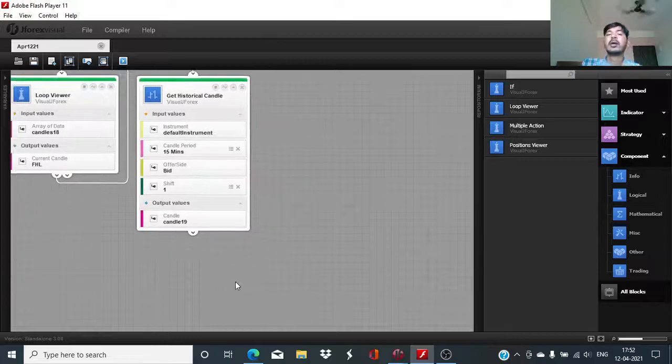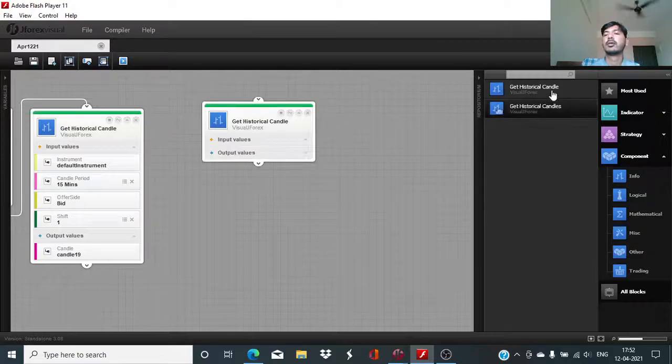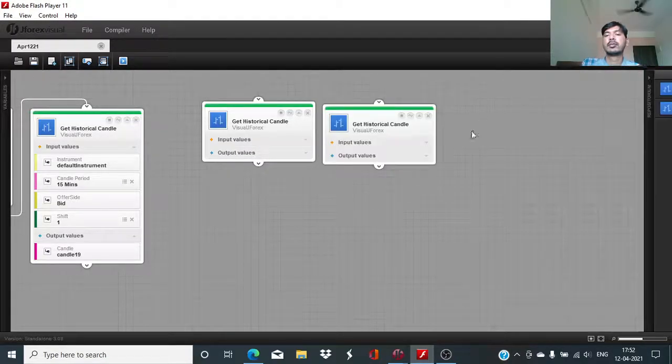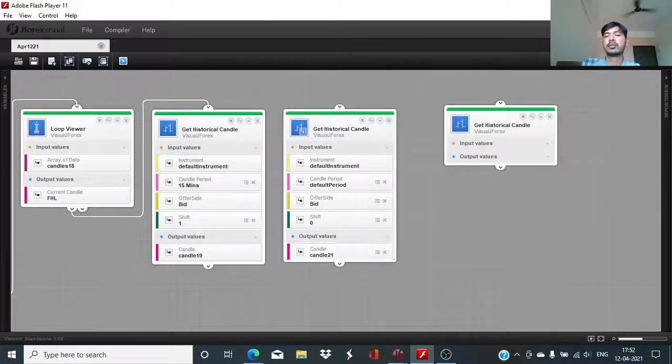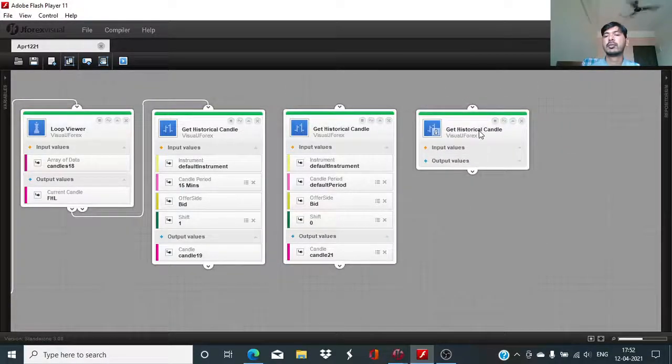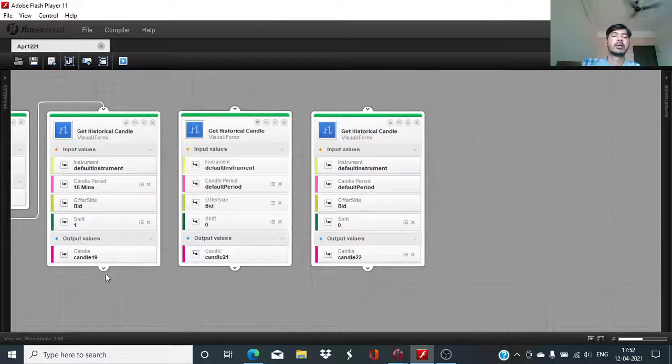Okay. We also have to use two more get historical candles. This will be used to pinpoint the entry point.